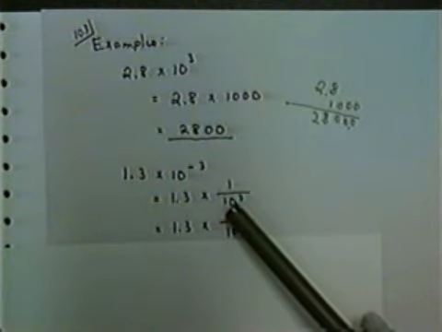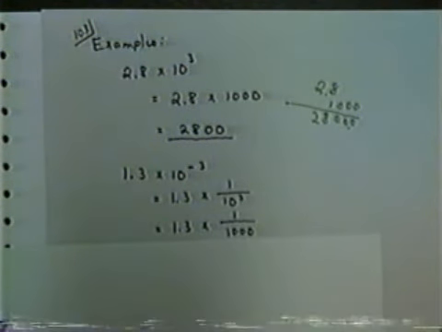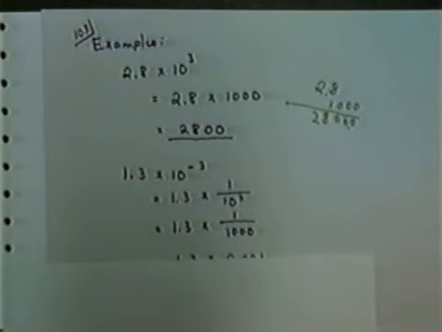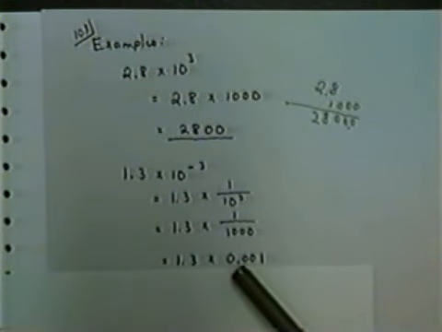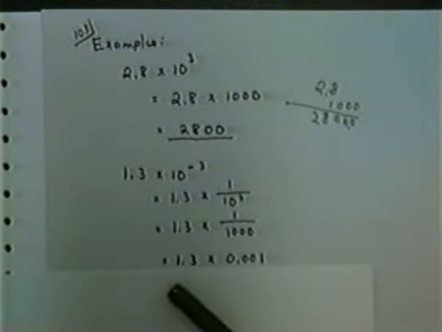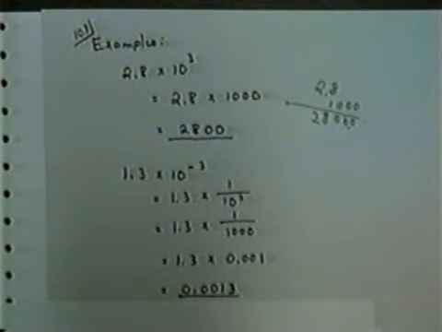That would be the same as 1.3 times 1 over 1,000, because 10 cubed is 10 times 10 times 10, which is 1,000. I can rewrite 1 over 1,000 as the decimal 0.001, the thousandths. So I have 1.3 times 0.001, and if I multiply it, I get 0.0013.